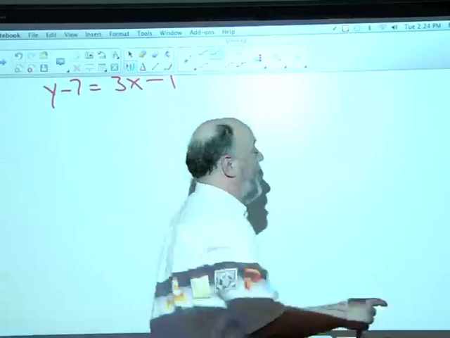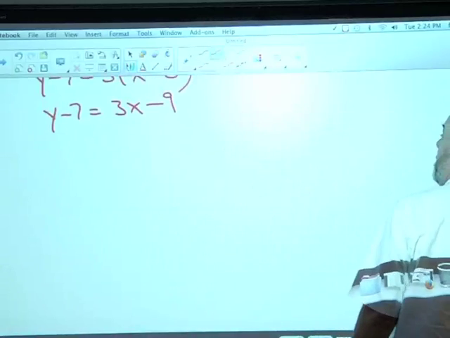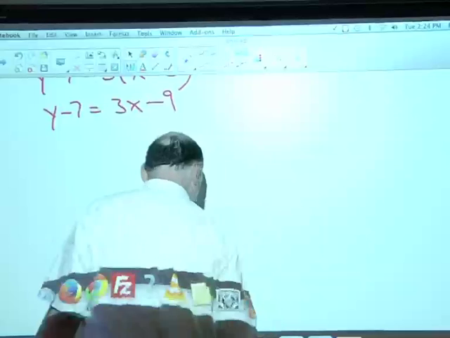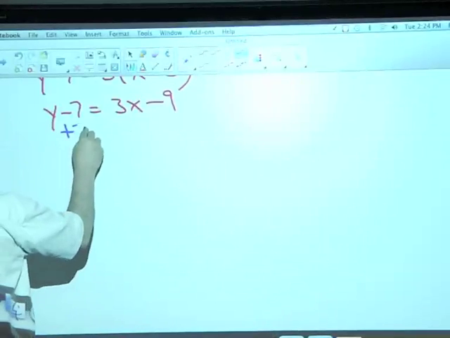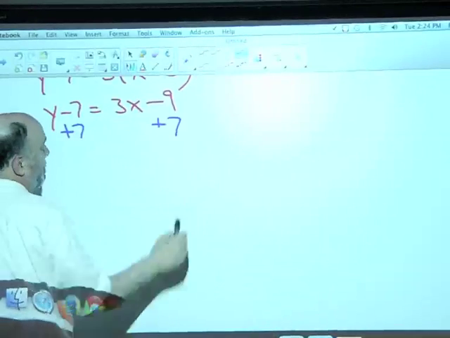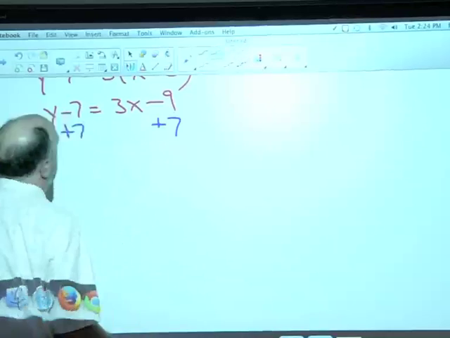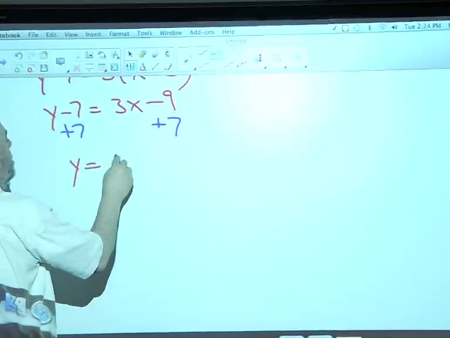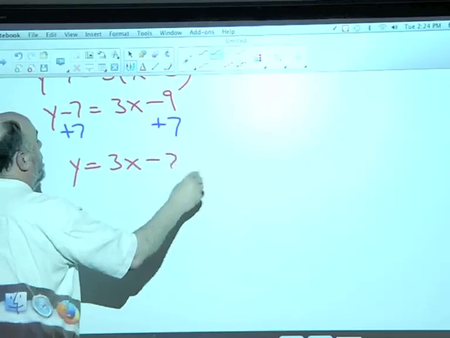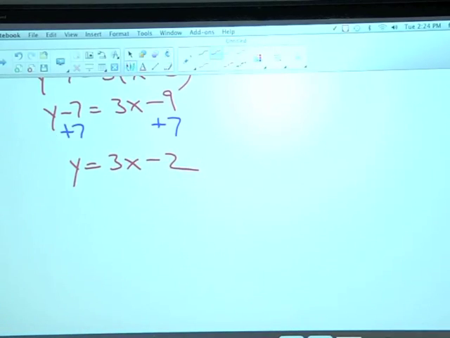And so we're going to add 7. So plus 7, and we get y equals 3x minus 2. And so now we have the equation in slope intercept.